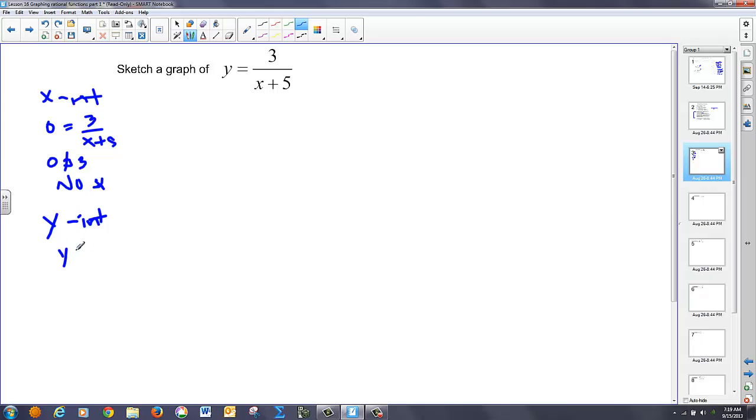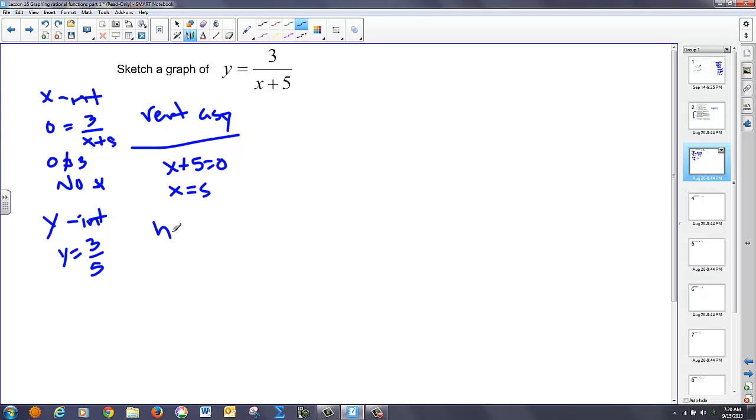In doing that, I get y equals 3/5. Vertical asymptote. We set the denominator equal to 0, so x plus 5 equals 0 in this case, and x equals -5.